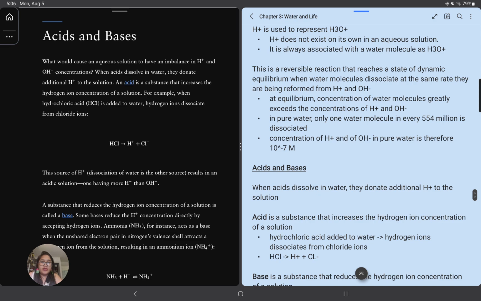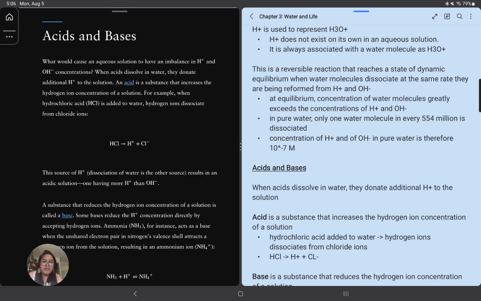This is a reversible reaction that reaches a state of dynamic equilibrium when water molecules dissociate at the same rate they are being formed, from H+ to OH-, from hydrogen ions to hydroxide ions. At equilibrium, the concentration of water molecules greatly exceeds the concentrations of H+ and OH-.